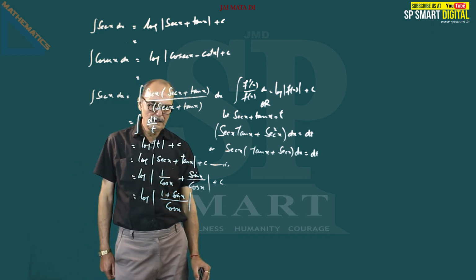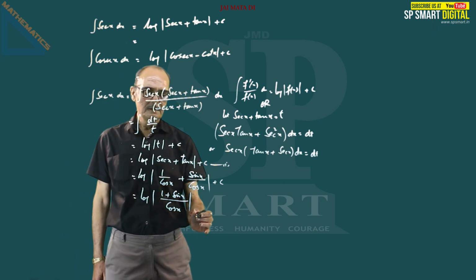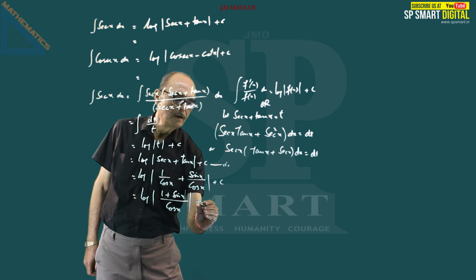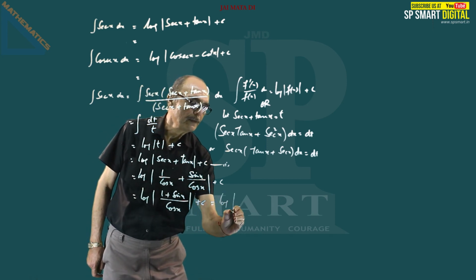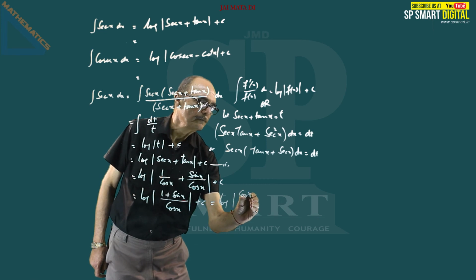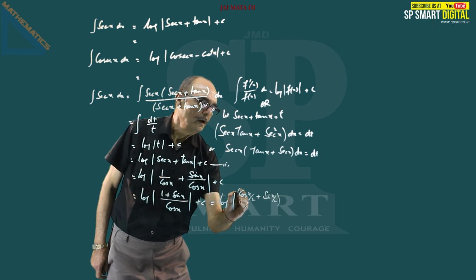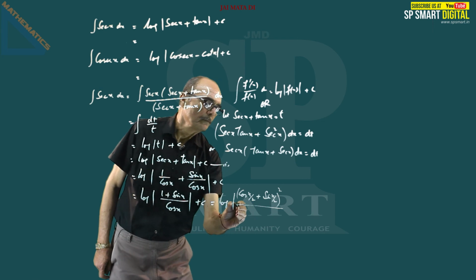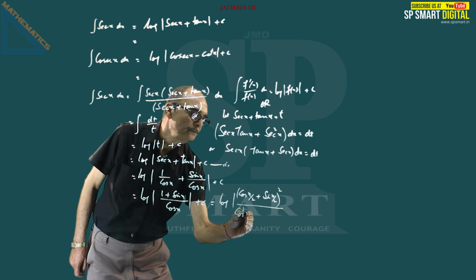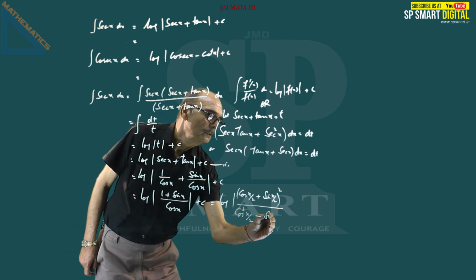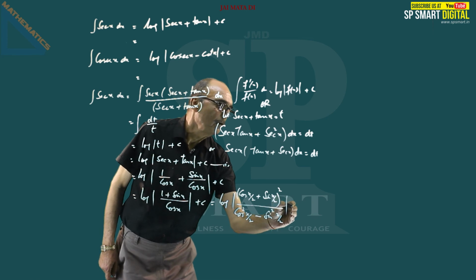Making use of the formula in trigonometry of submultiple angles, we can write this as log of cos x by 2 plus sin of x by 2, squared, over cos x, and the formula for cos x is cos square x by 2 minus sin square x by 2, plus constant c.